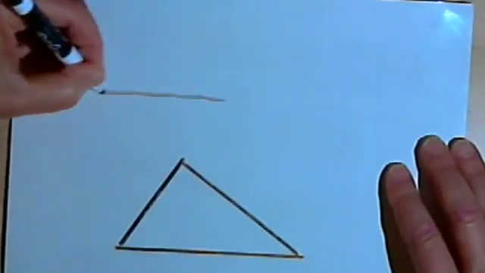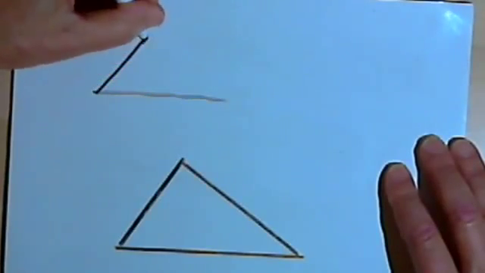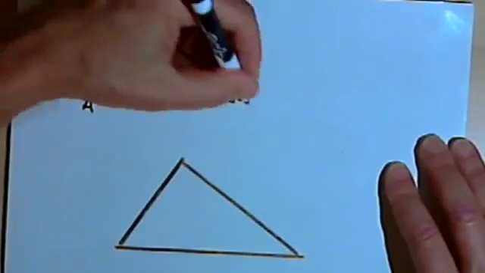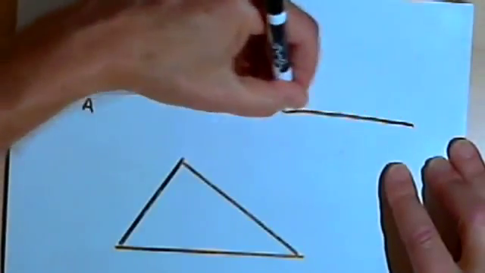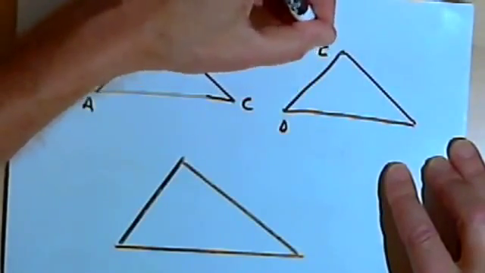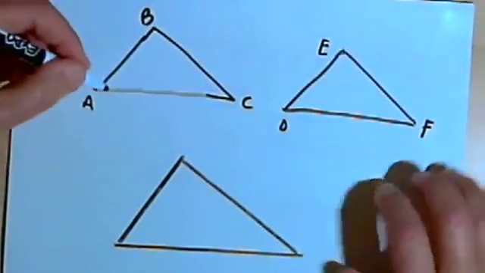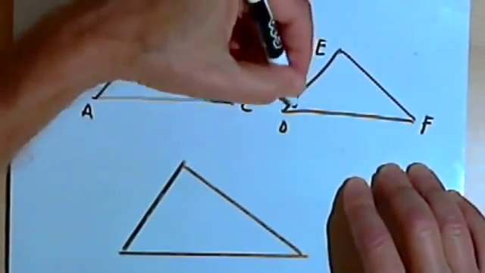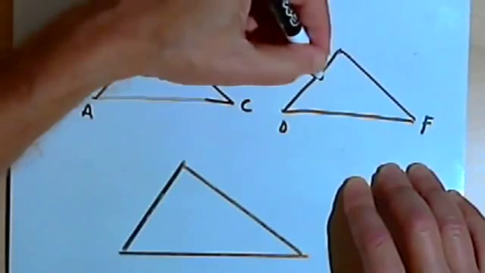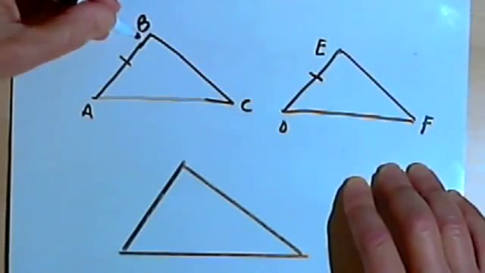What that says is this: if I've got 2 triangles, let's call one triangle ABC, and I've got another triangle, we'll call that DEF. And let's say side AB is exactly the same length as side DE, like 2 sticks that are the same length. So they're congruent sides.